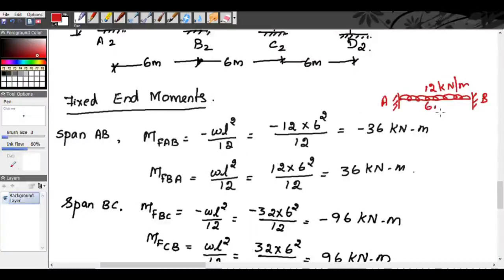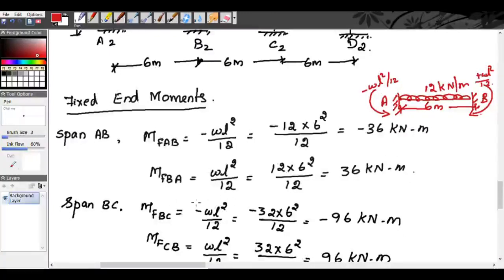The span length is 6 meter. So we have the negative fixed end moment at A and the positive fixed end moment at B. It is minus WL square by 12 and plus WL square by 12. Calculating, we get minus 36 kilonewton meter and plus 36 kilonewton meter.